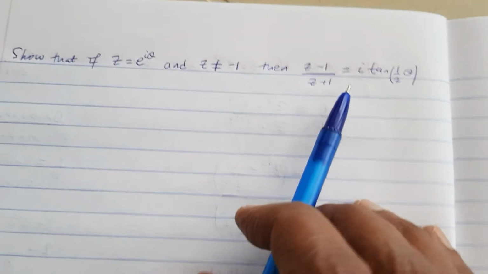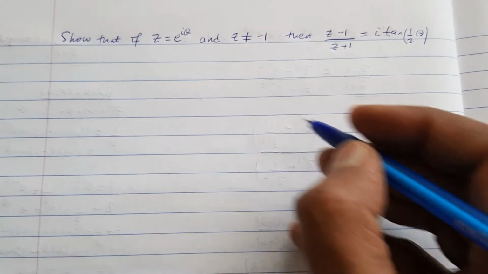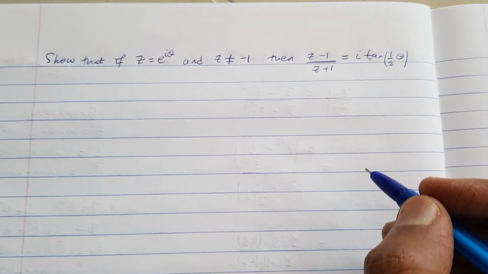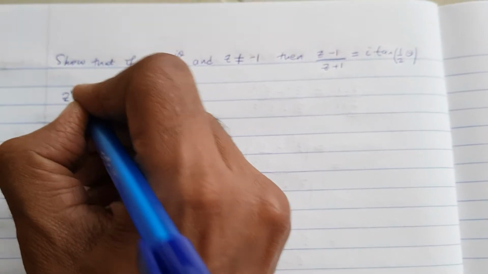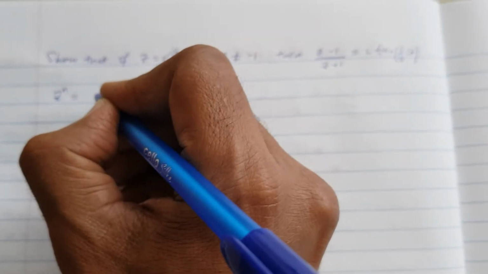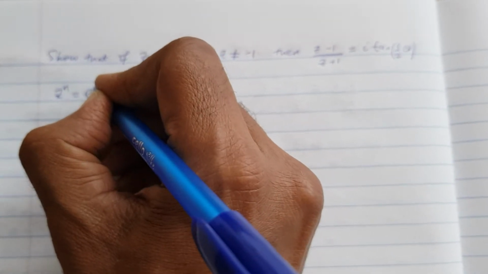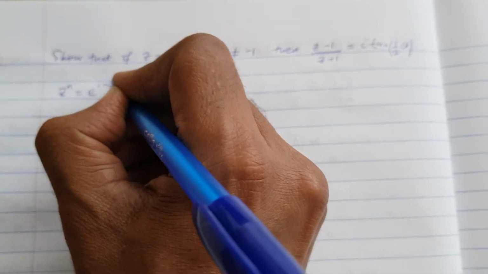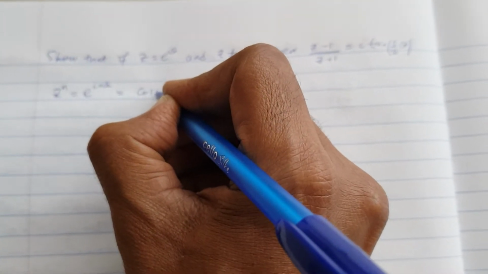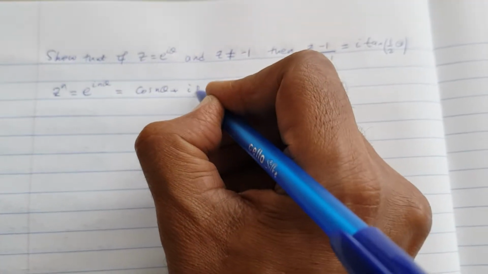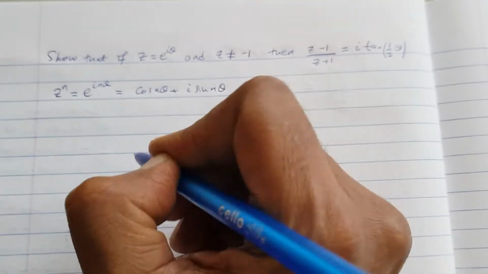Now, before we do a question like this, I'd like to remind you about a few things about complex numbers. First of all, if z is to the power of n, we're going to get e to the i n theta, which is also cos n theta plus i sin n theta.